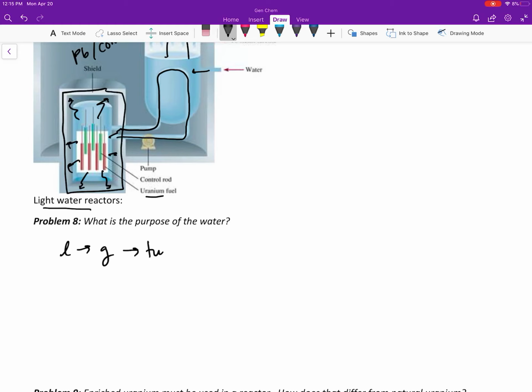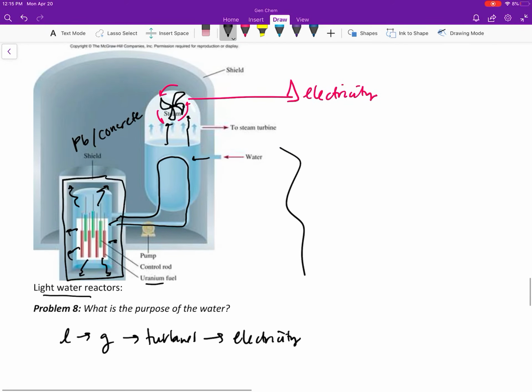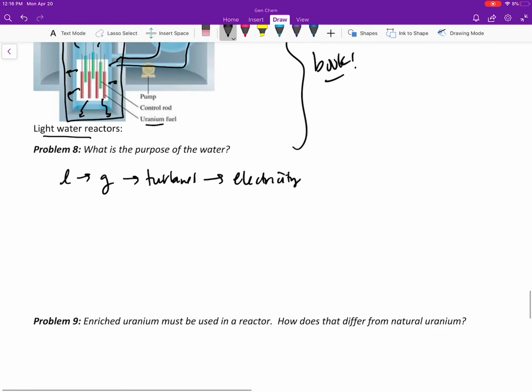That gas then turns the turbine around, and just like our turbines, the spinning turbine generates electricity. Okay, so a bit comfortable describing this. Your book has really great information, and this lecture should not be that long, so that you can hopefully go back and look at your book and make sure you can read about these nuclear reactors.